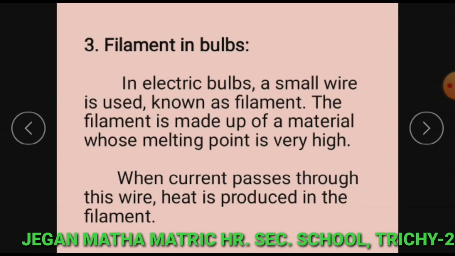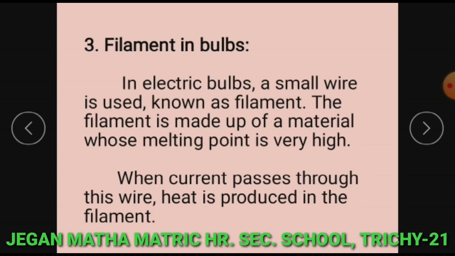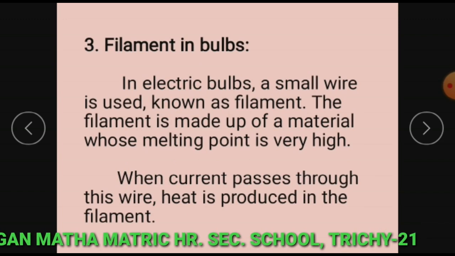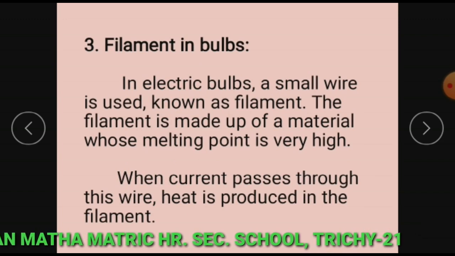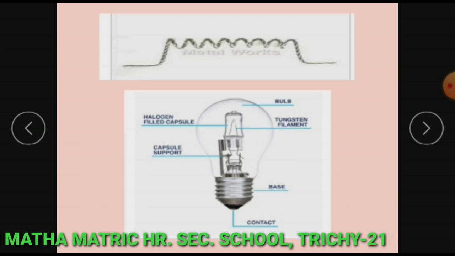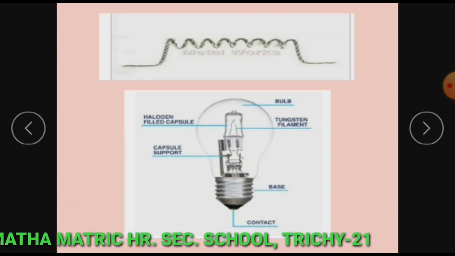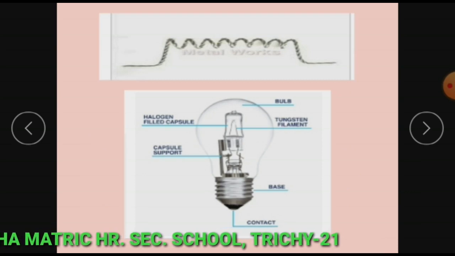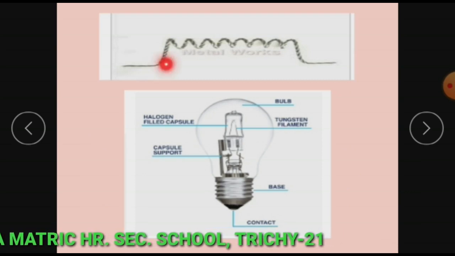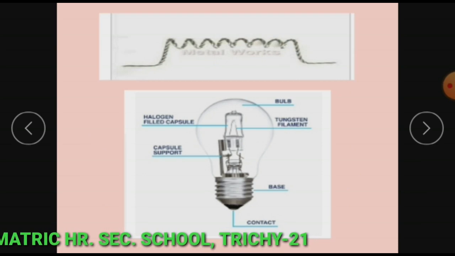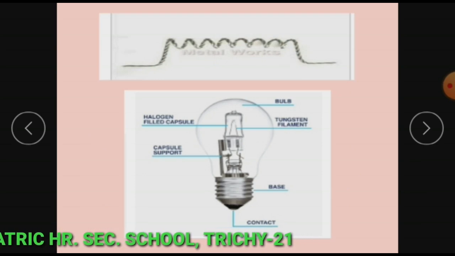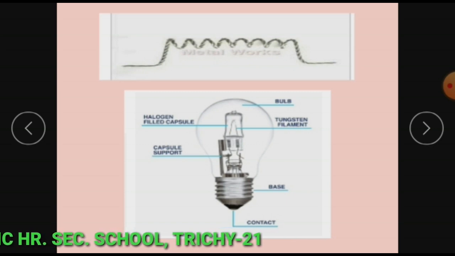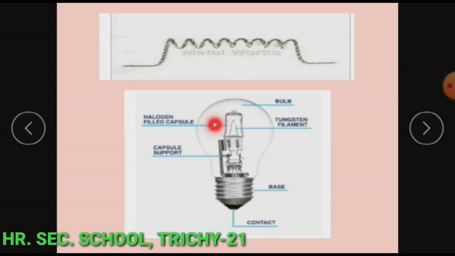Filament in bulbs. In electric bulbs, a small wire known as filament is used. This filament is made up of a material whose melting point is very high. In this figure, the filament is shown. When a current passes through the wire, heat is produced in the filament.